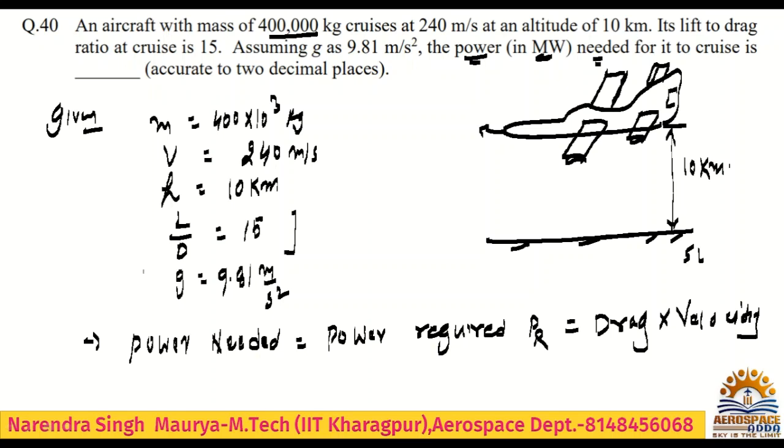Density they have not given, and density is not required, though if you want you can calculate it at 10 kilometer. But here it is not required because it is a cruising condition.